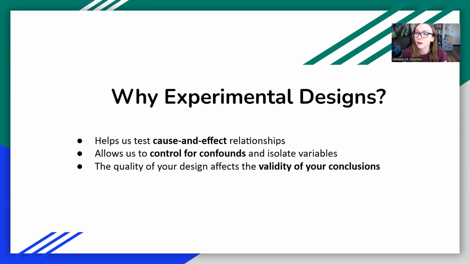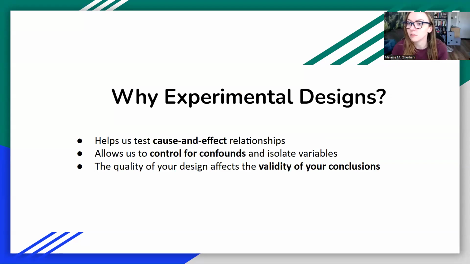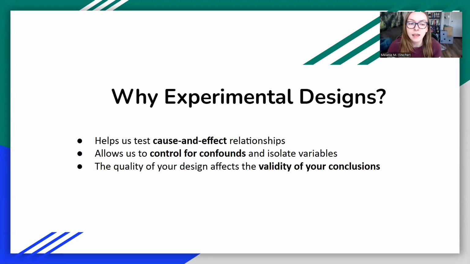And as a reminder, a big part of why we use experimental designs in general, but we're going to hone in on psychology and behavioral sciences, is because it helps us test the cause and effect of relationships. If we want to be able to say that this variable impacts this other one in a certain way, there's a lot of design that goes into that to be able to confidently say that.